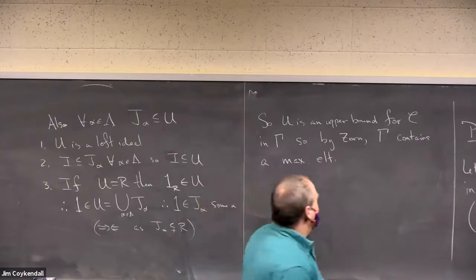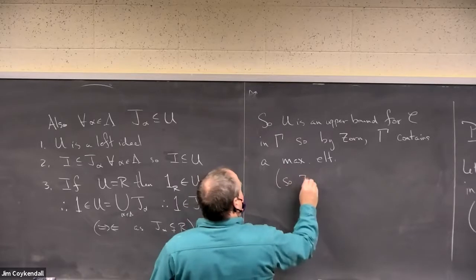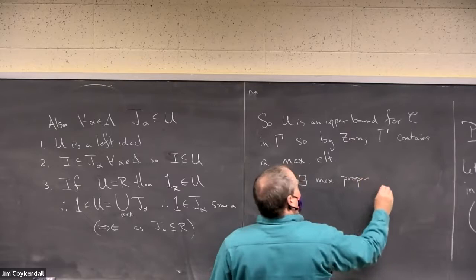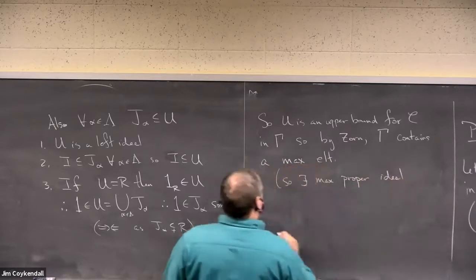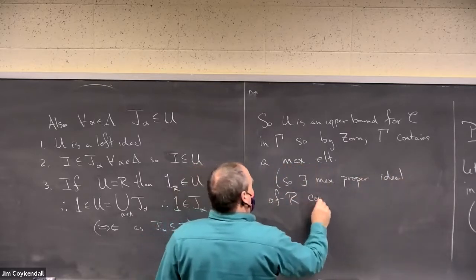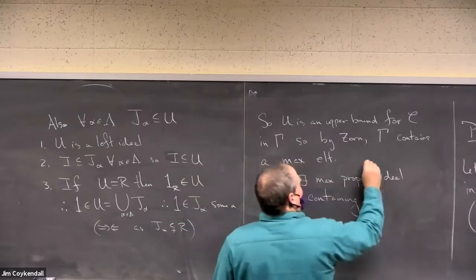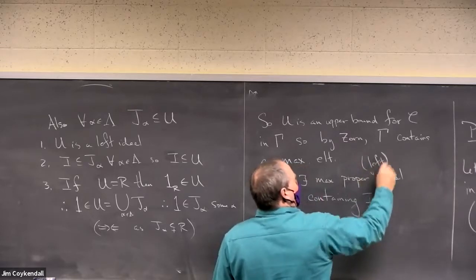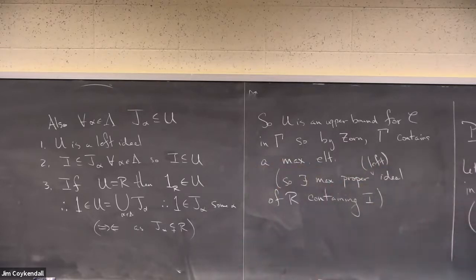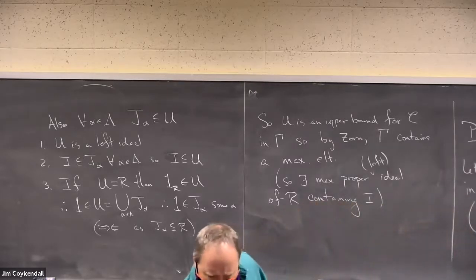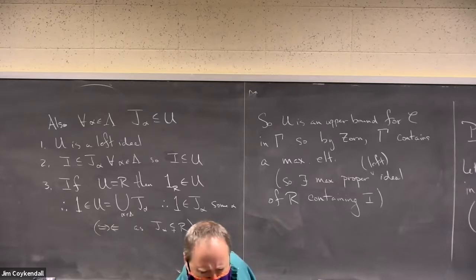What does it mean to be a maximal element? So there exists a maximal ideal of R. And that's how you use Zorn's lemma. We're going to use this again a couple of times on some other results. Okay. Any questions?